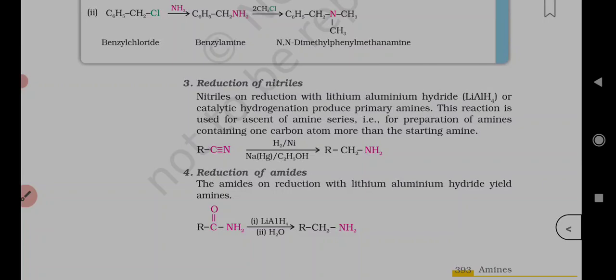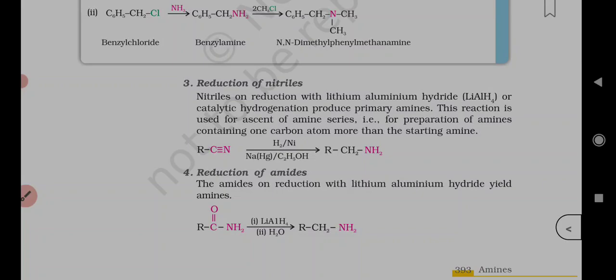So you will get C6H5CH2C≡N, phenyl ethane nitrile, benzyl cyanide, and 2-phenylethanamine will be obtained.